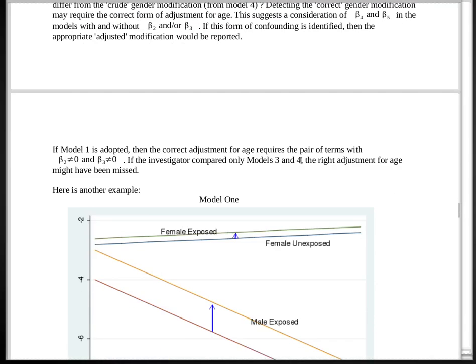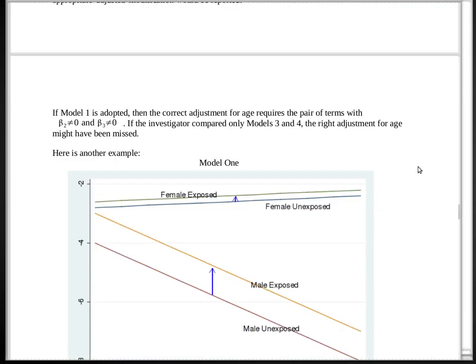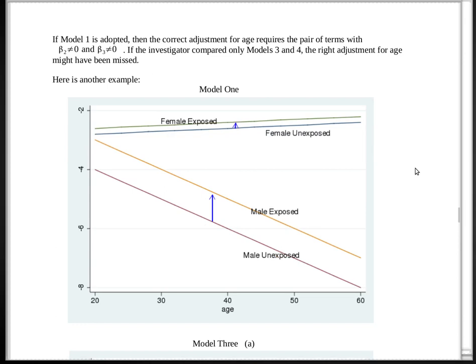So I thought I would give you yet another example that might help, and that is maybe where the images are a little bit more clear. I'll see if this helps us. Let's suppose that Model 1, where we've got differing slopes for the males and for the females, but we have parallelism for the exposed and unexposed for the females, and parallelism for the exposed and unexposed for the males.